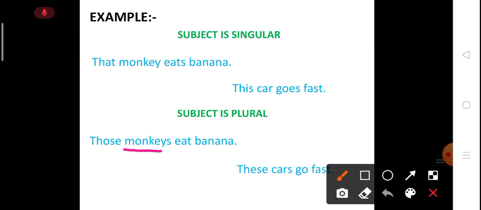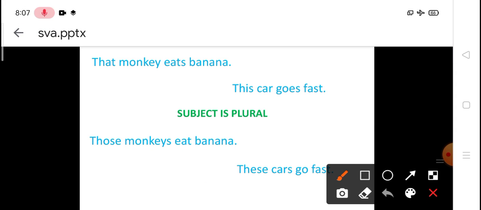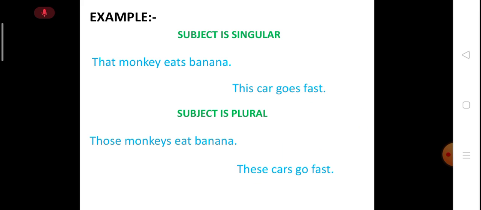Here monkeys, that is the subject, is in plural form, so the verb is also in plural form. Next, these cars go fast. Here the subject is plural and the verb, go, is also in plural form. So this is what subject verb agreement actually means.